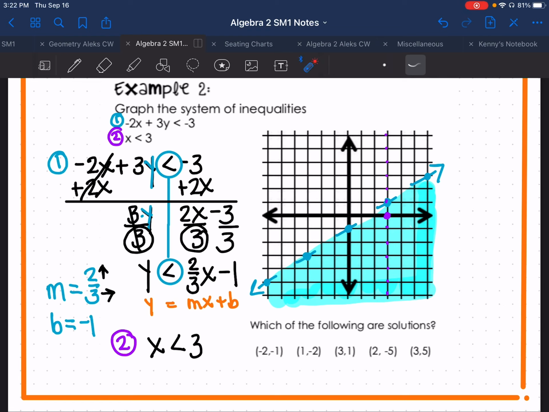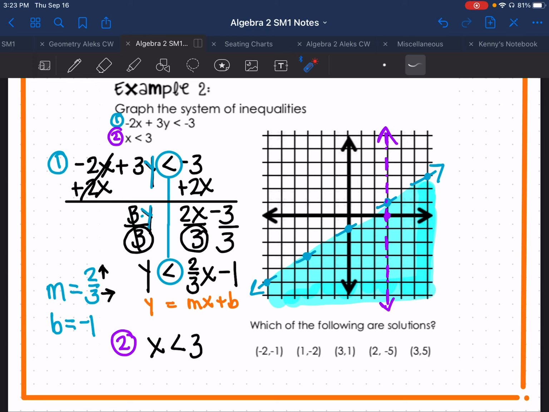I'm going to go back and look at my inequality. It does not have a bar underneath, so I have a dashed line. Now be careful in this situation. Now, you might be thinking, what would be above and what would be below?